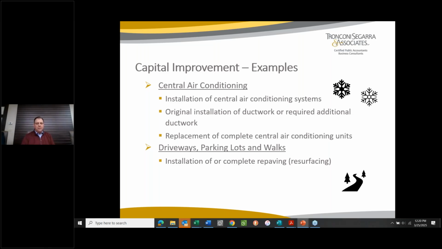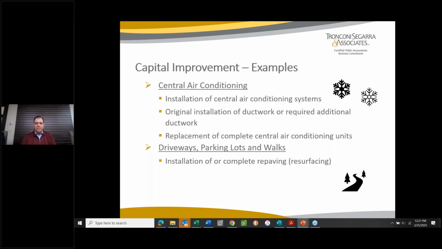So, generally speaking, like air conditioning, right? The installation of a central air conditioning system, as well as all the duct work that needs to be installed throughout the building, that would be a capital improvement, as well as any complete replacement. You're going to see that terminology a lot in publication 862. If they talk about a complete replacement of something, that's typically going to be a capital improvement.